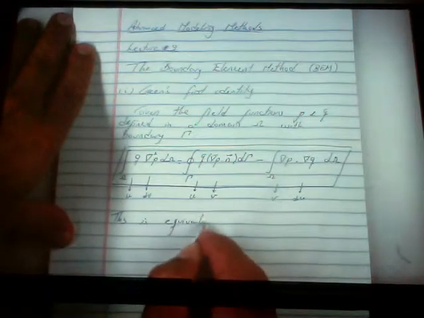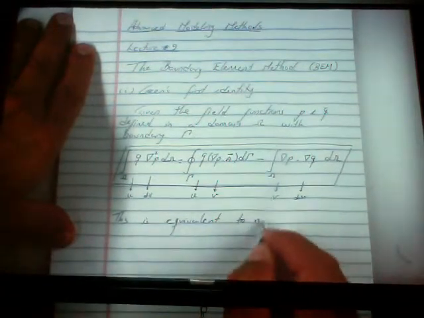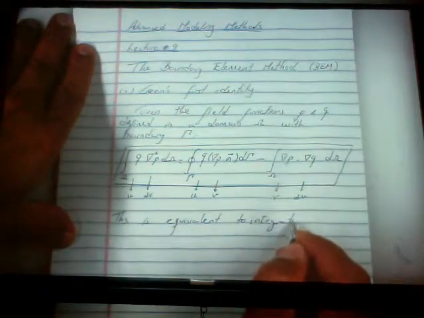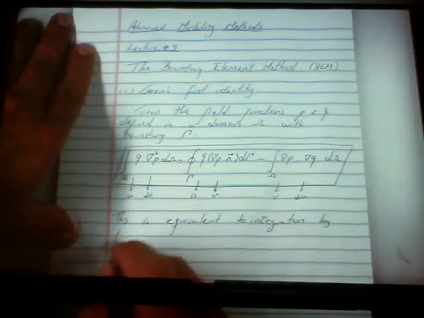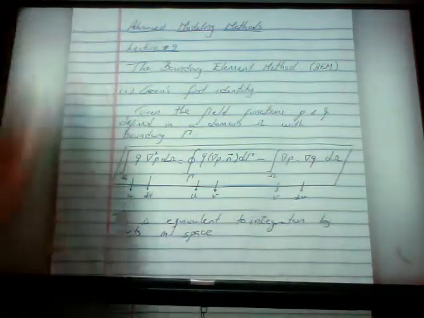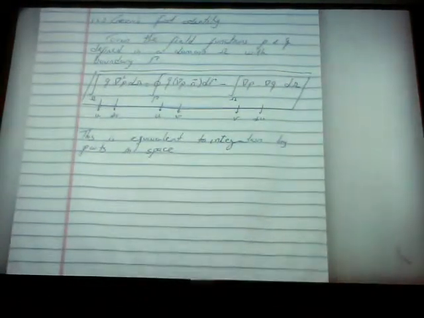So this is equivalent to integration by parts in space. Nothing more than that. It just took a few hundred years after integration by parts for somebody to realize that this could be done in multiple dimensions.